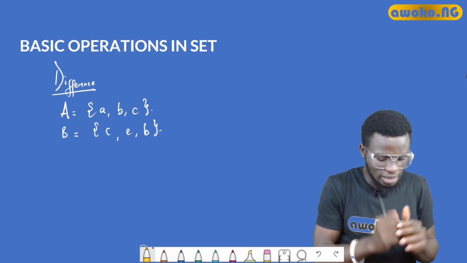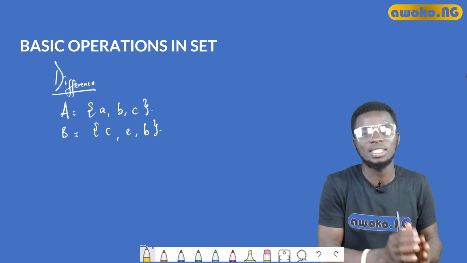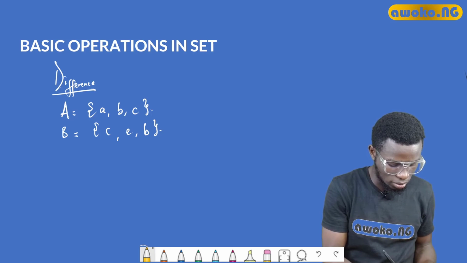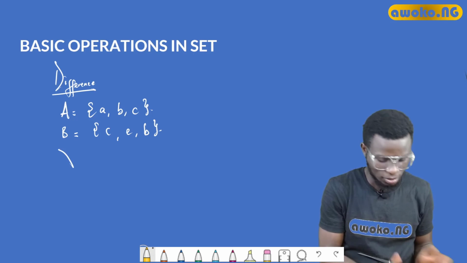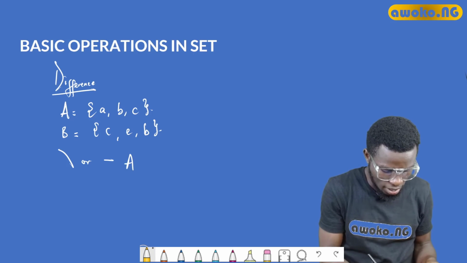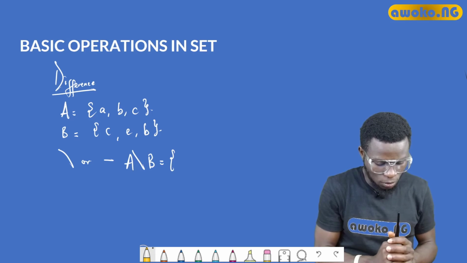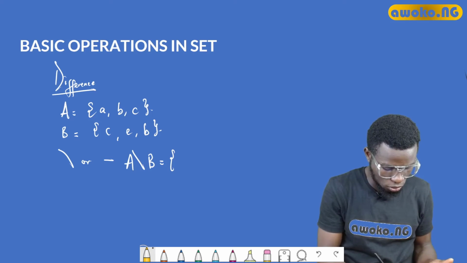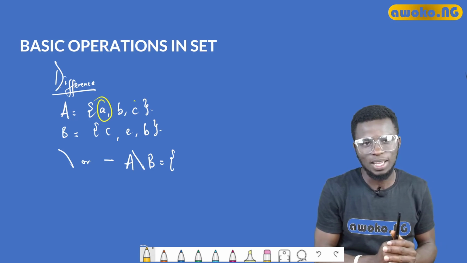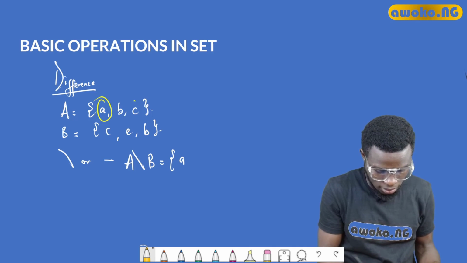I'll say that again. The elements that are peculiar to set A alone, that is, elements that are contained in A alone. It is denoted with this symbol, just a slash, or a minus sign. So A slash B is simply the element contained in A alone, which of course is element A. So A difference B is A.